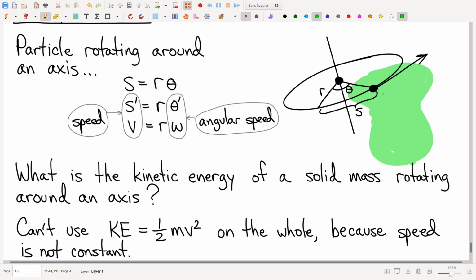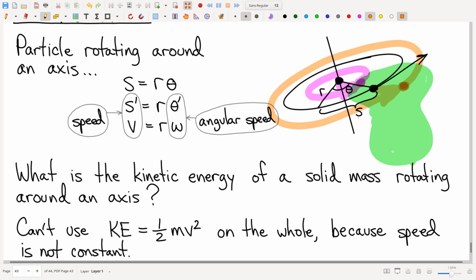And the problem is that this little piece of mass right there only travels that far in one rotation, whereas this piece of mass over here travels a significantly greater distance in the same amount of time. This little piece of mass over here is rotating faster, literally moving at a faster speed.